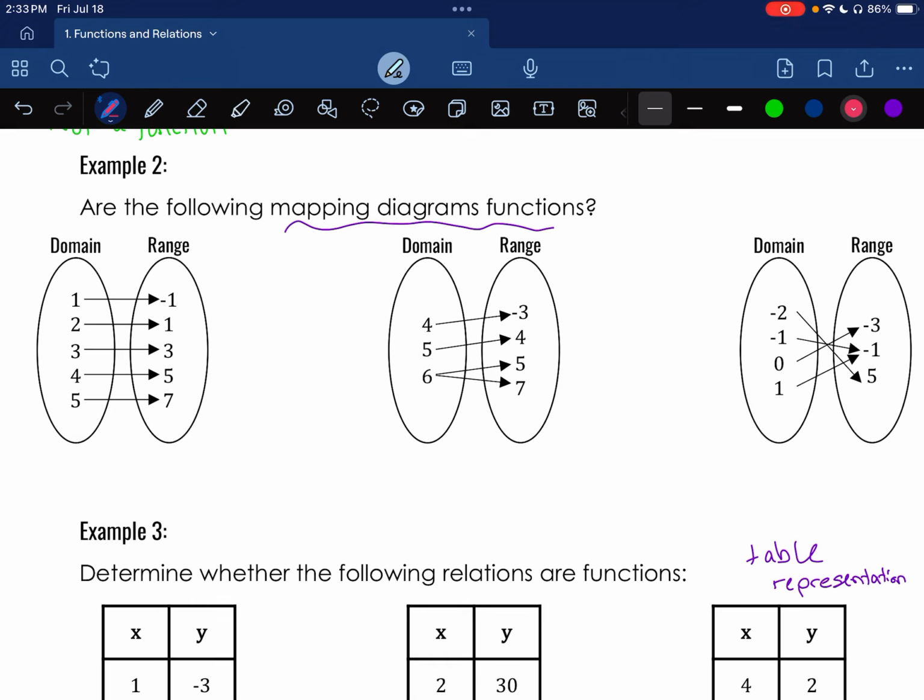So over here, this first one, what we're looking for is that every value in the domain needs to have an arrow going to one y value in the range. So here, notice how every value, 1 and 2 and 3 and 4 and 5, they're all going to exactly one value in the range. So that means that this guy is a function.